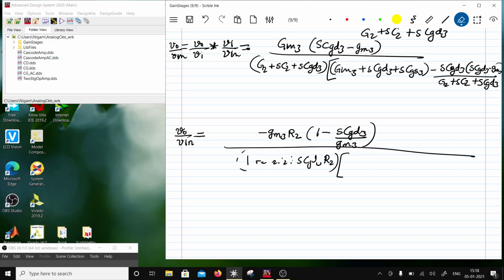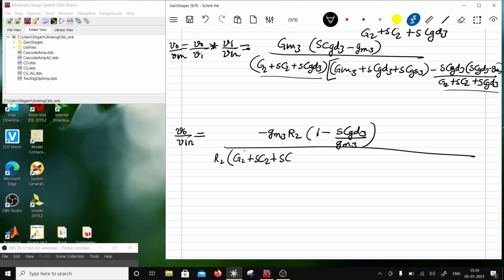First I will do is the following, if you see here, G2 plus SC2 plus SCGD3 and this term, right, they are same, right, so if I open the bracket, I will just have a multiplication of G2 and then there will be R2 multiplied also, G2 plus SC2 plus SCGD3 times of G in plus SCGD3 plus SCGS3 minus SCGD3 times of SCGD3 minus GM3. So that will be there.